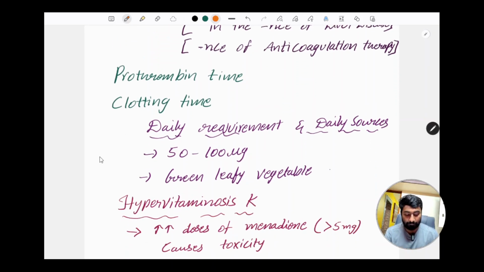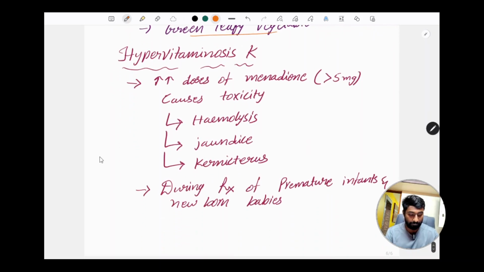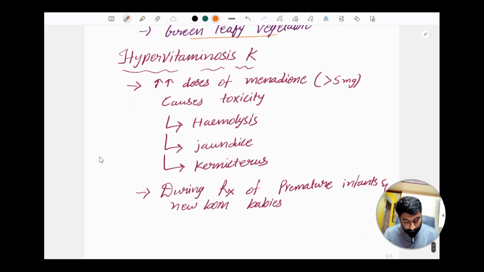Now, the daily requirement is 50 to 100 micrograms, and the sources are green leafy vegetables and, as you know, intestinal bacteria. Usually, since it is fat soluble, any increase in the dose of vitamin K will cause hypervitaminosis K. Now, it will lead to toxicity.